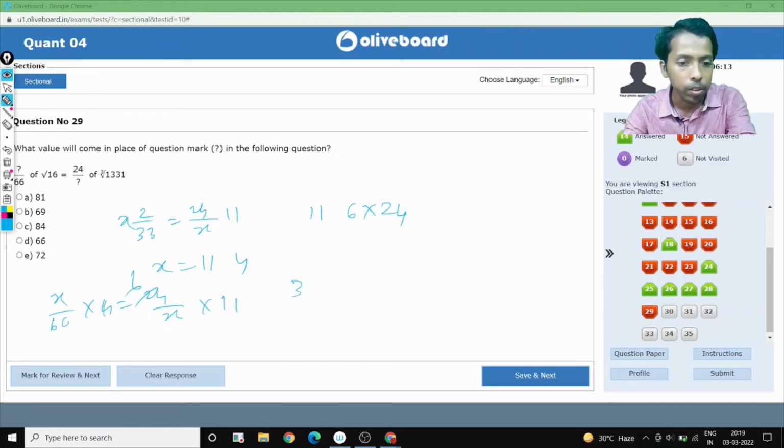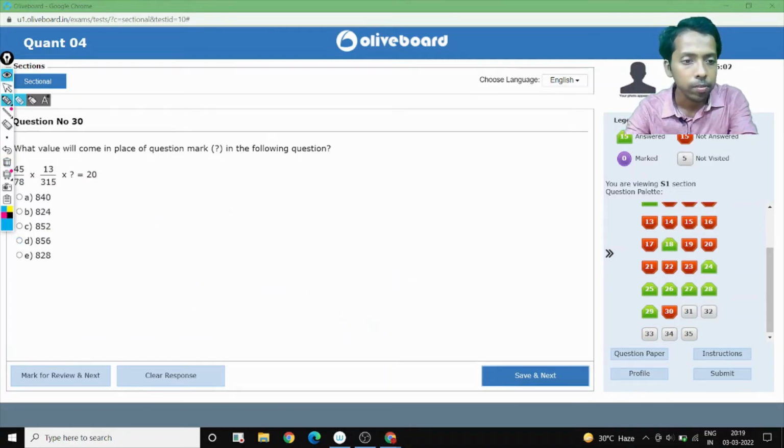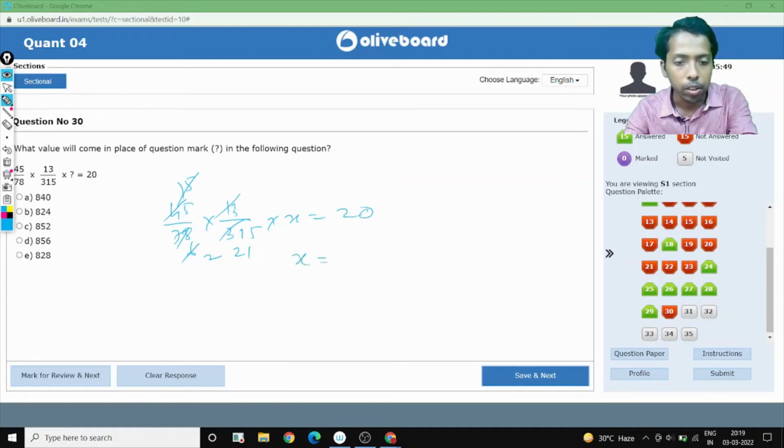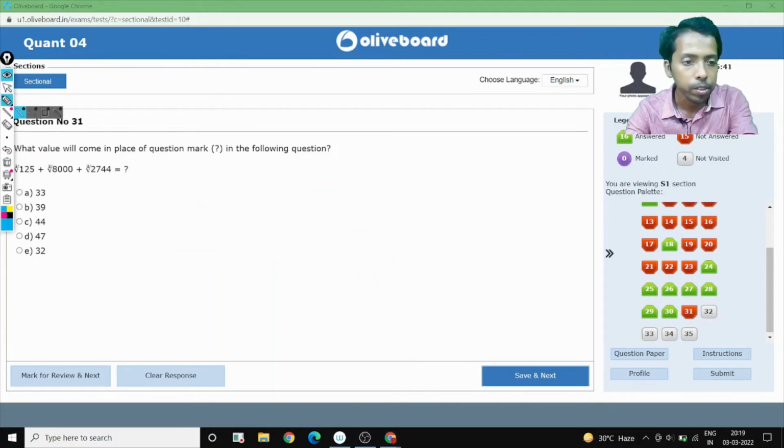So 6 into 66 into 11. 11 into 6, 66. 45, 78, 13, 315 into x equals 20. 6, 2, 3, 15, 2, 1, 21, 4, 2, 8, 40. 5, 20, 14, 34, 39.